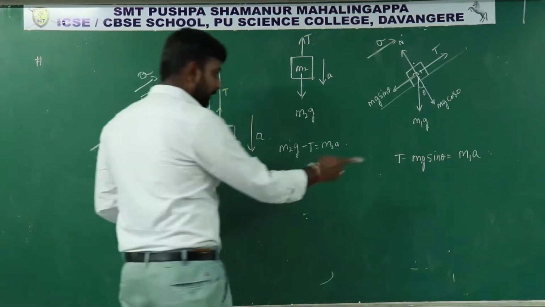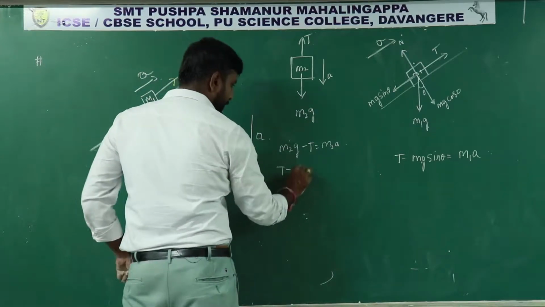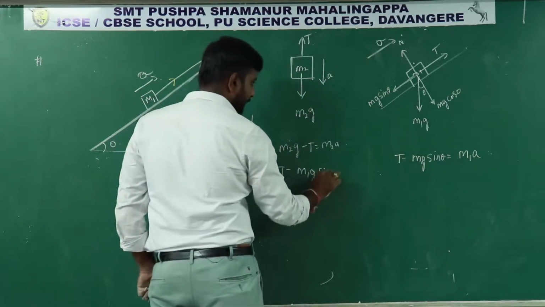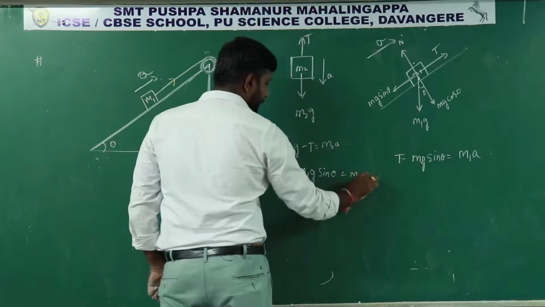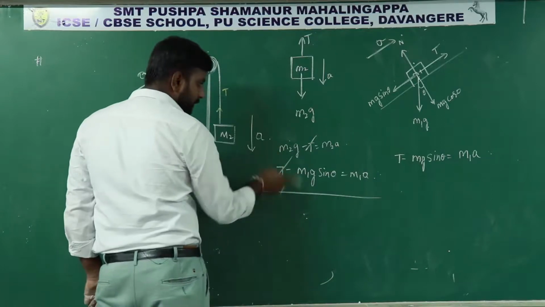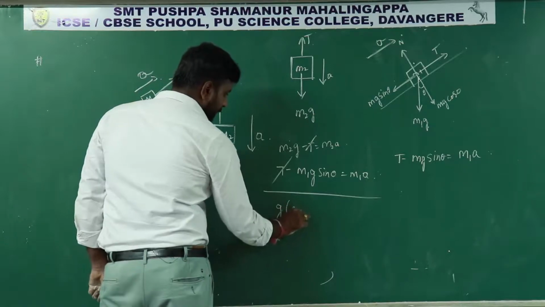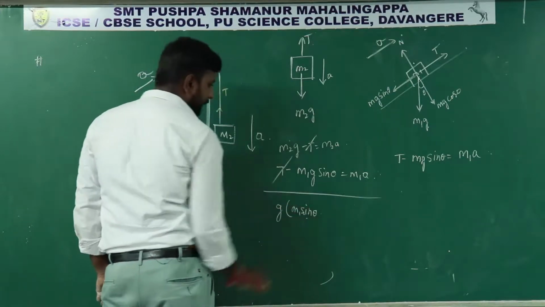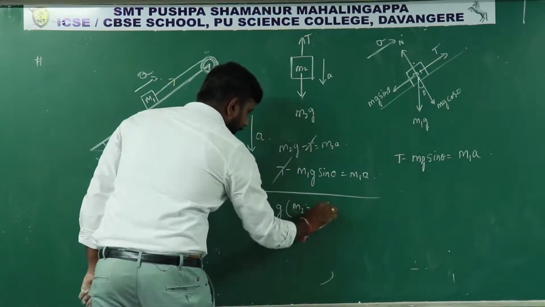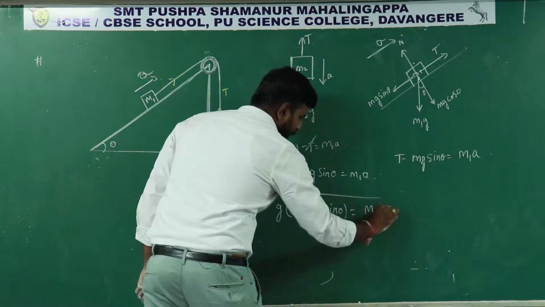Then if we solve simultaneously, I will write this one. T minus m1g sin theta is equal to m1 into a. Directly, this minus T and plus T will get cancelled, and if I take g common outside, I can write m2 minus m1 sin theta, equal to m1 plus m2 into a.